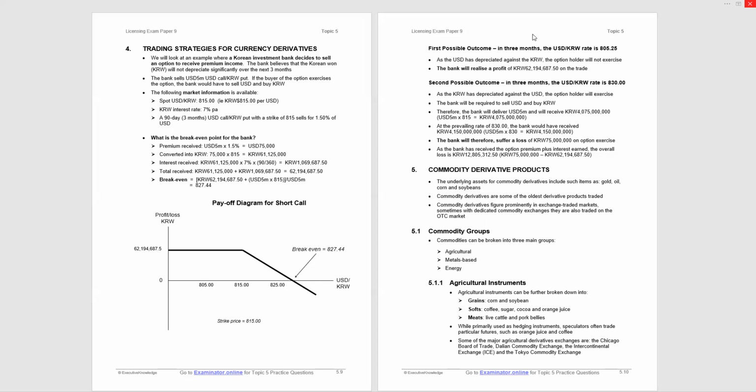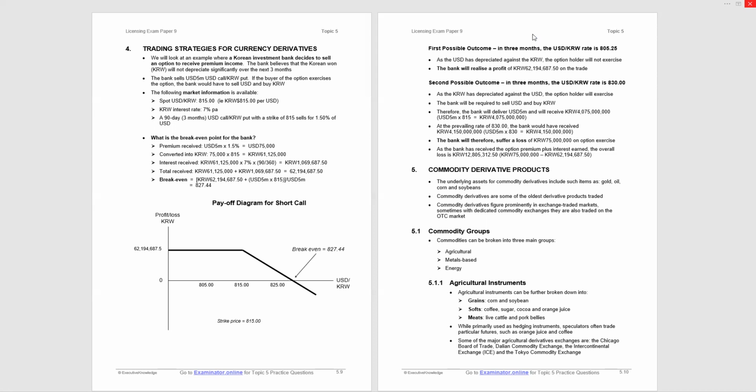So we add the premium received plus the interest from putting that premium on deposit. So the bank is going to receive 62,194,687.5. Now it's going to lose money when that premium plus the interest received is exceeded by the amount of money that it's going to have to pay out. So the break even is 62,194,687.5.